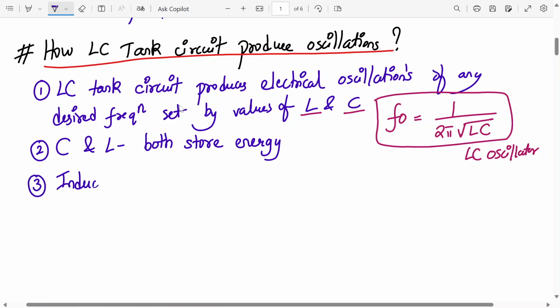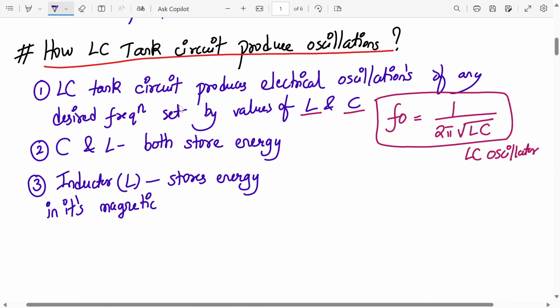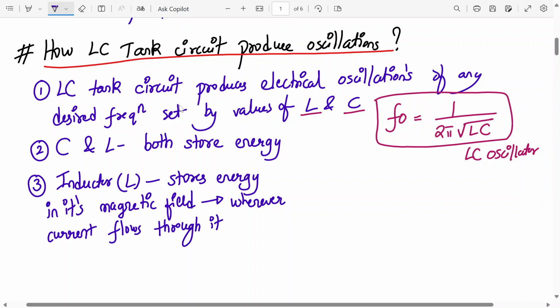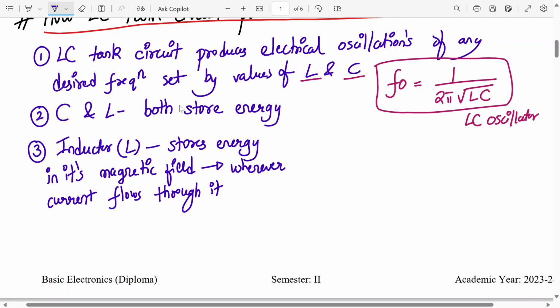Inductor L stores energy in its magnetic field whenever current flows through it. Okay. So inductor stores energy in the form of a magnetic field whenever current flows through it.